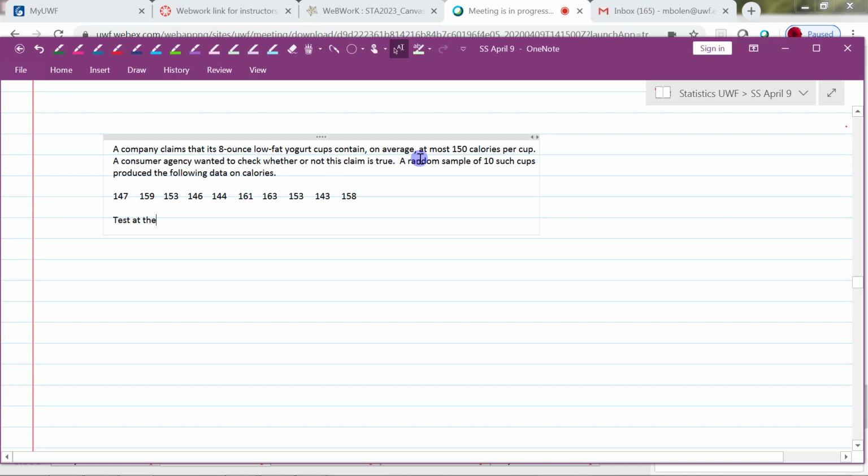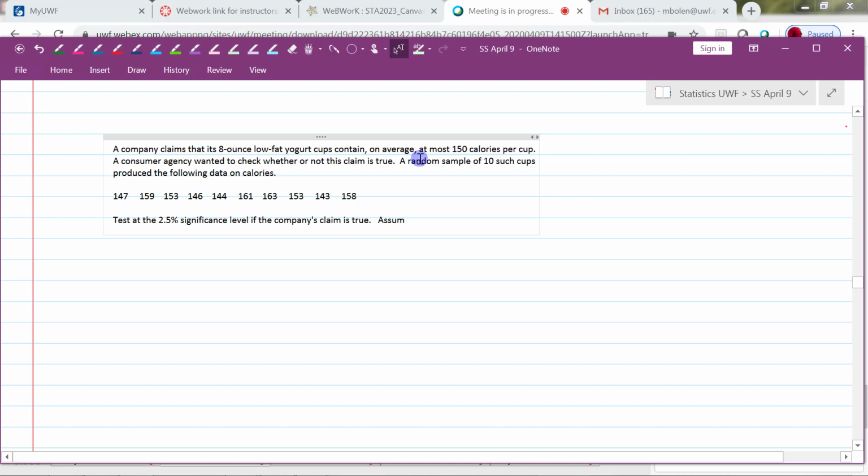Okay, and then it says test at the 2.5% significance level if the company's claim is true.